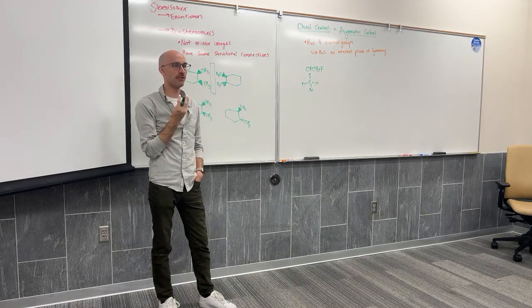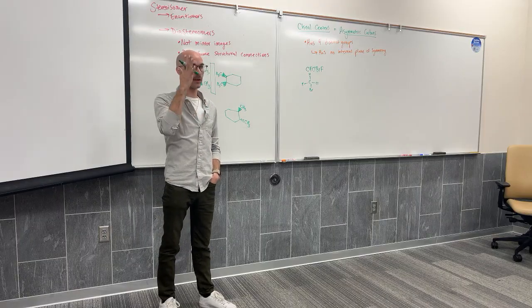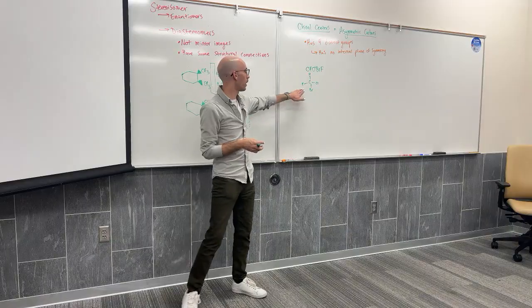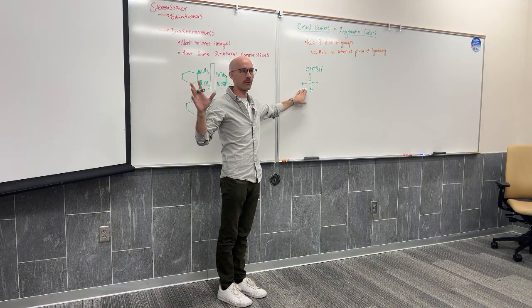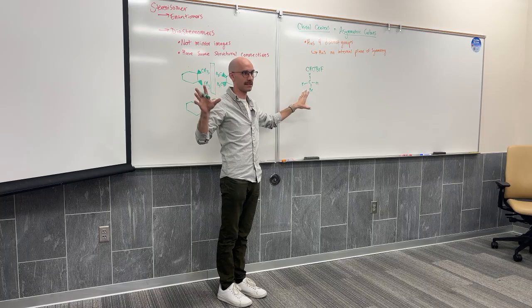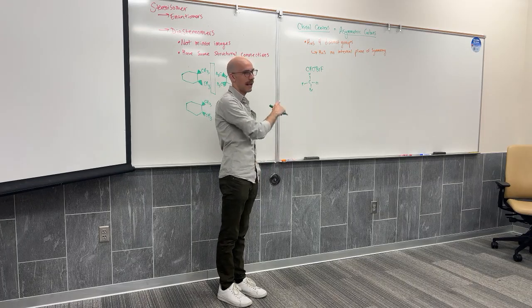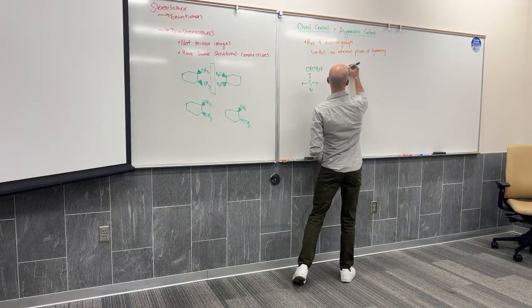It's bonded to 4 distinct atoms, 4 distinct groups. There is no plane of symmetry. This can arrange itself one way in space, and it can arrange itself another way in space, and they are not the same. They are distinct from each other. This has an enantiomer.